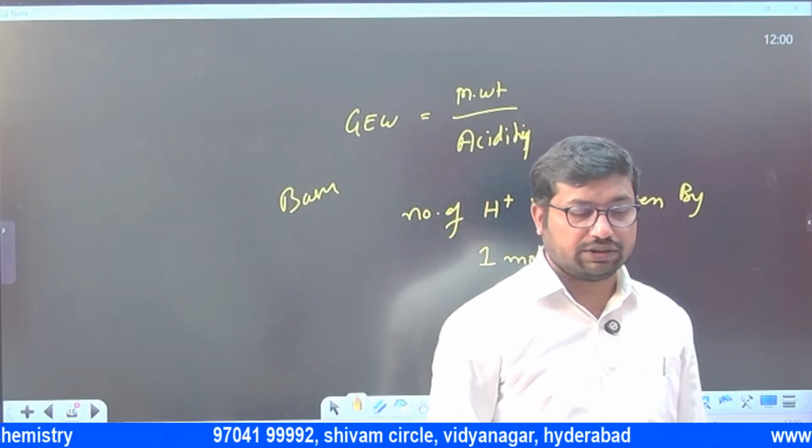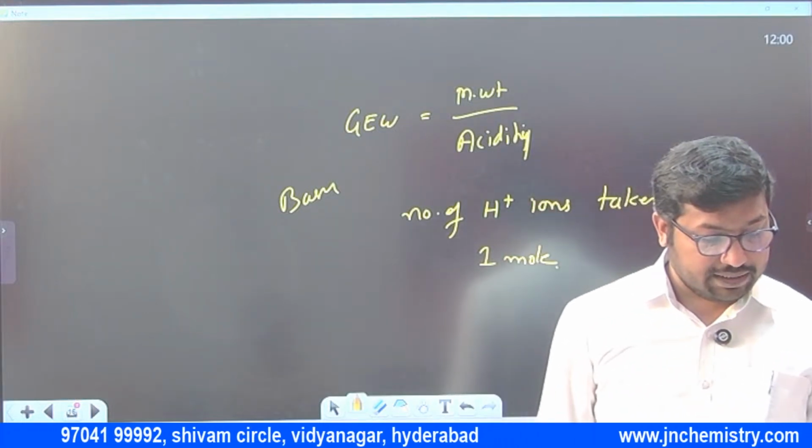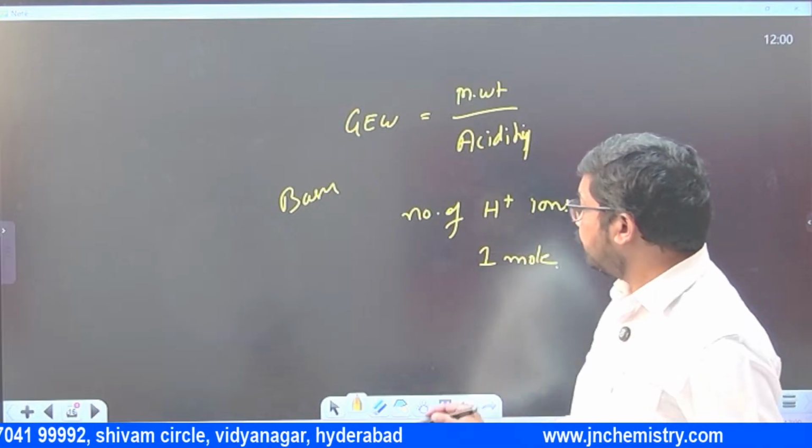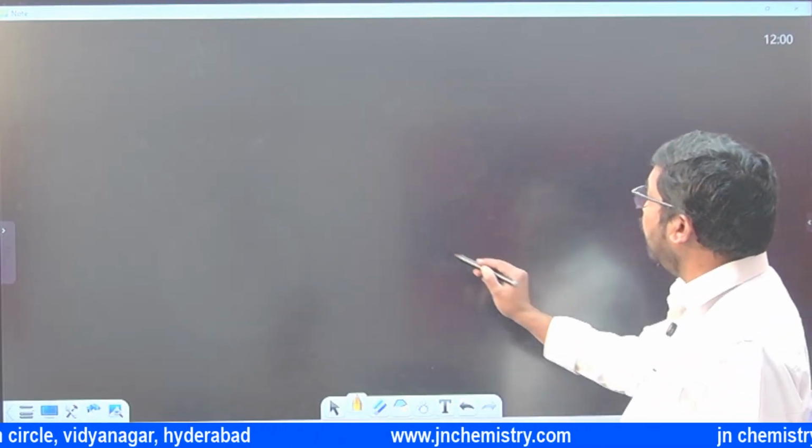Sometimes if there is no OH, like for example NaOH, KOH, those I already wrote, Na2O for example.